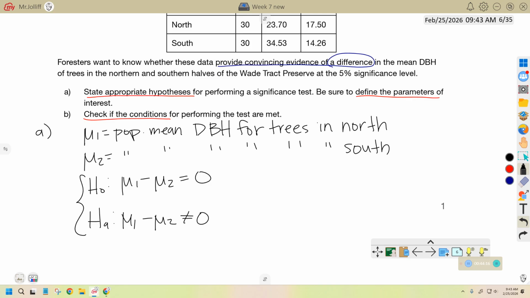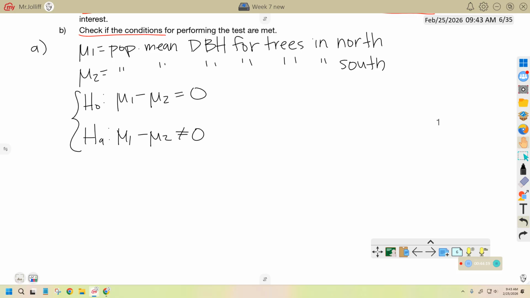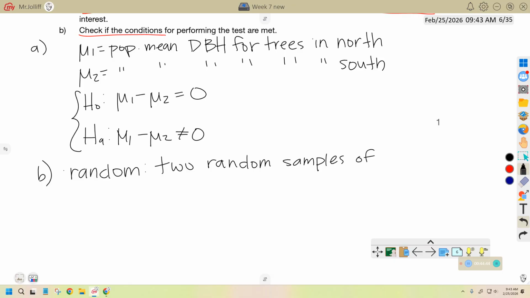Mostly done. Next thing said, check that the conditions are met. So, first condition, random. So we ask ourselves, random sampling or random assignment? Good. We had two random samples of 30 trees each. Right, independent samples of 30 from the south and the north. Good.